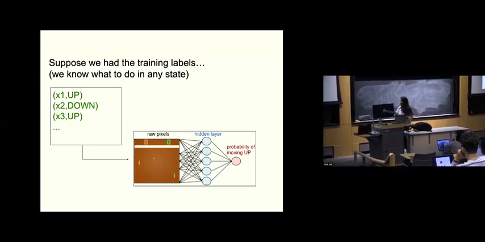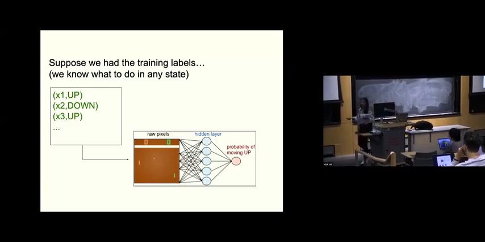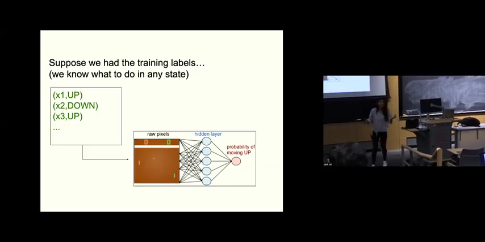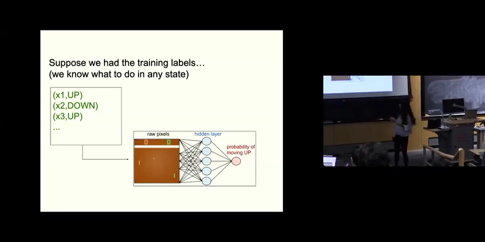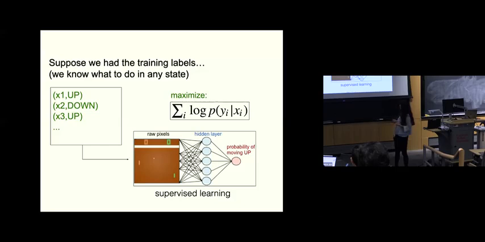Then my network would be trained just with maximum likelihood. I want to make the expert actions more probable. Here is the cross entropy loss that we usually use, and everything would be end-to-end differentiable.